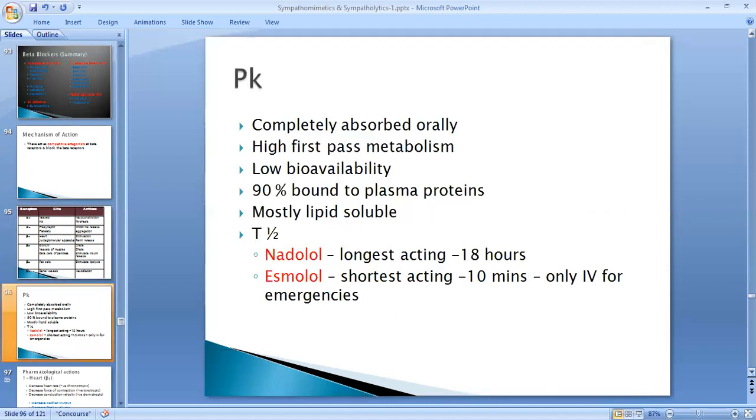Pharmacokinetics. Most of these drugs are completely absorbed orally, but they have first pass effects, especially propranolol and metoprolol. About 70% of the drug is metabolized prehepatically, so it has a lower bioavailability, about 30%.